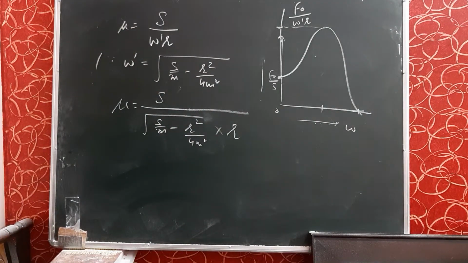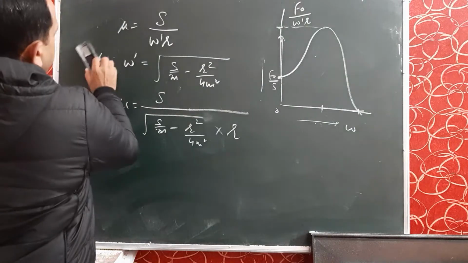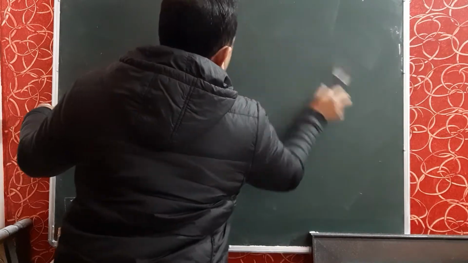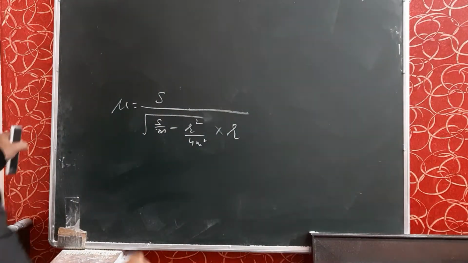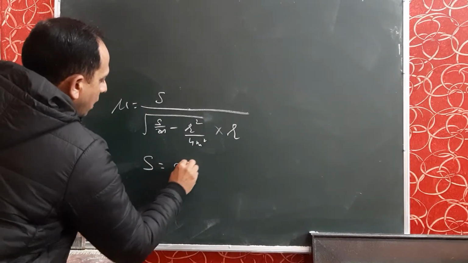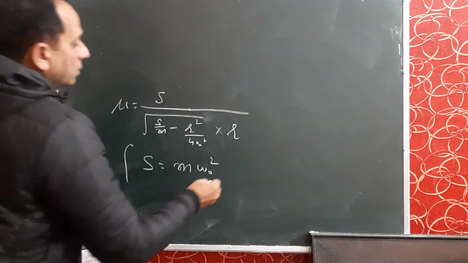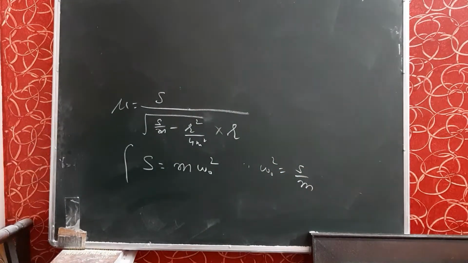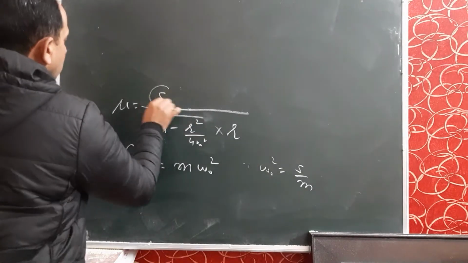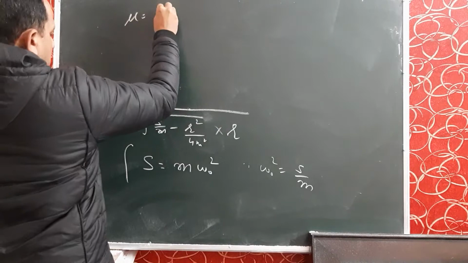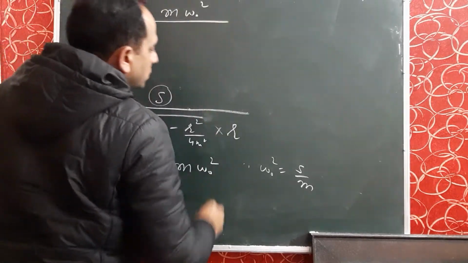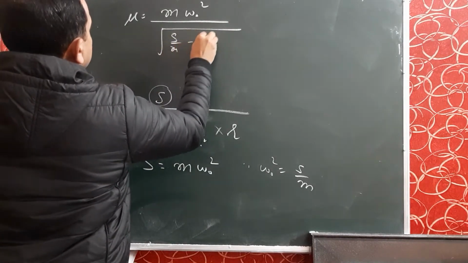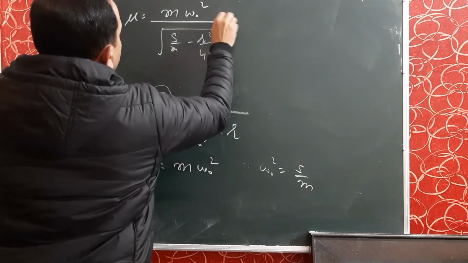Now we will simplify this equation to get a simple result. Simplification means we will put the value of s as m into omega naught square, because omega naught square is equal to s by m. So s becomes m into omega naught square. Putting this value, mu becomes m into omega naught square over the square root of s over m minus r square upon 4m square, into r.